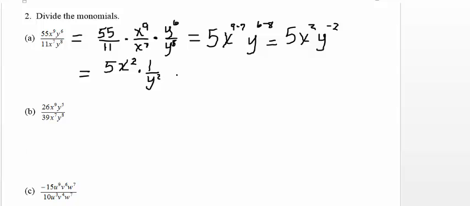That's the rule for negative exponents. So 5x squared times 1 is just 5x squared, and then I have this denominator of y squared. So this is my final answer: 5x squared over y squared.